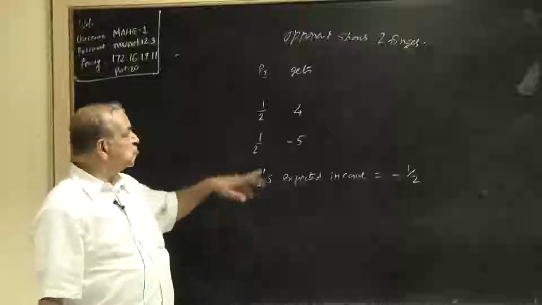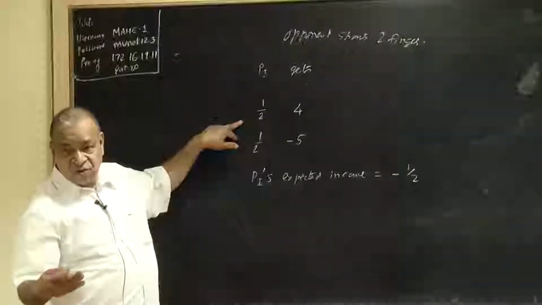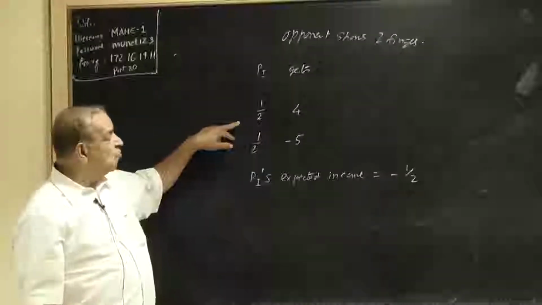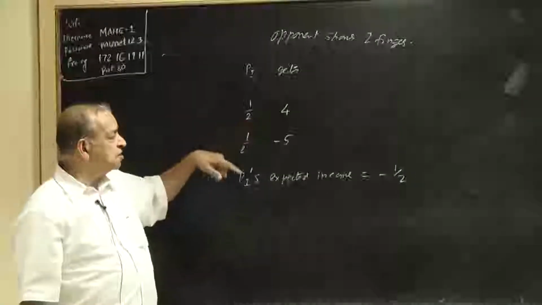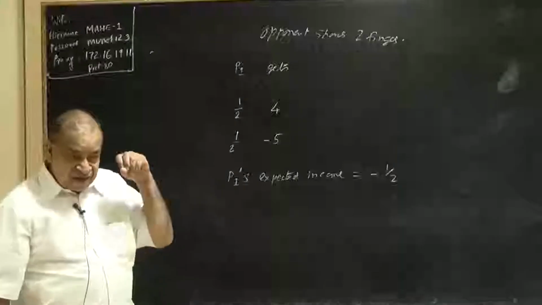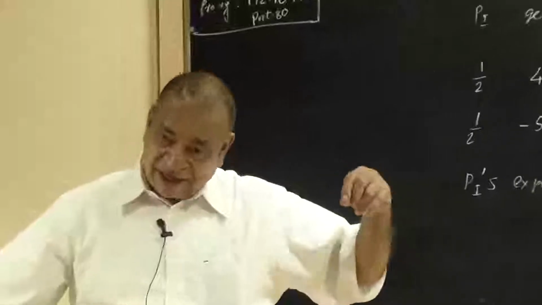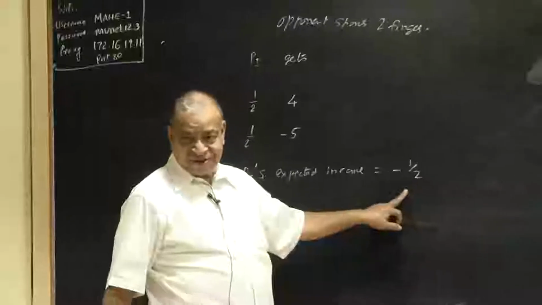So if player 1 tells player 2, I am going to toss a coin to select, then if he wants to stick to this, player 2 can check what is the most beneficial thing. If he shows 2 fingers all the time, this will be player 1's expectation.